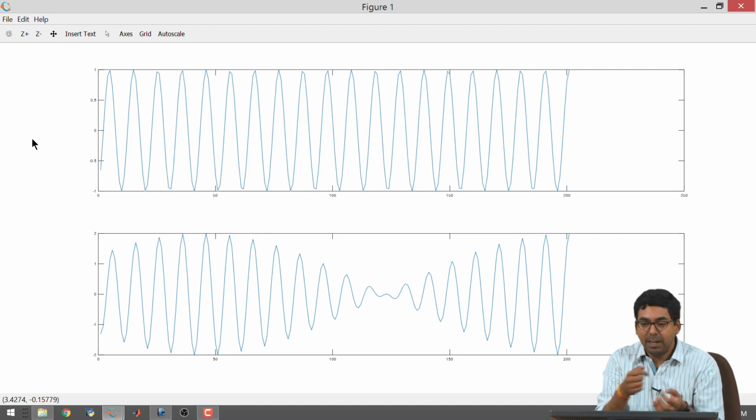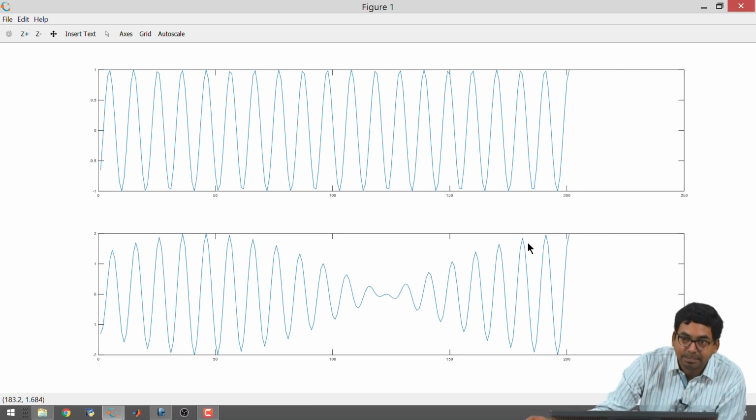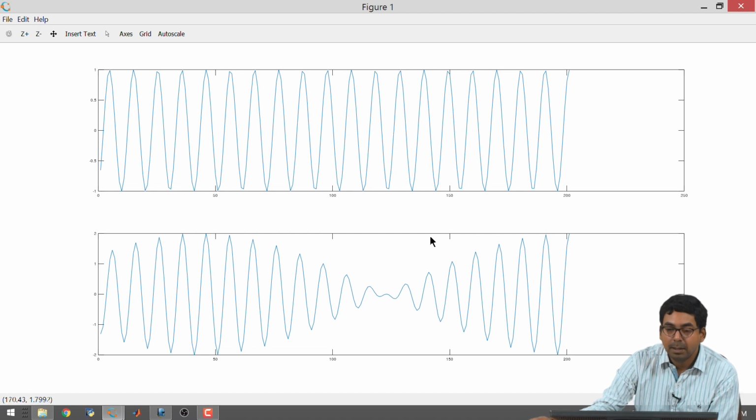If I take a point on the sinusoid on the top and see how it is moving, if I see a point over here and see how it is moving, they are going to move in identical ways, okay. But because I have added another wave, there is also some information that is coming in as the envelope of this signal, all right.